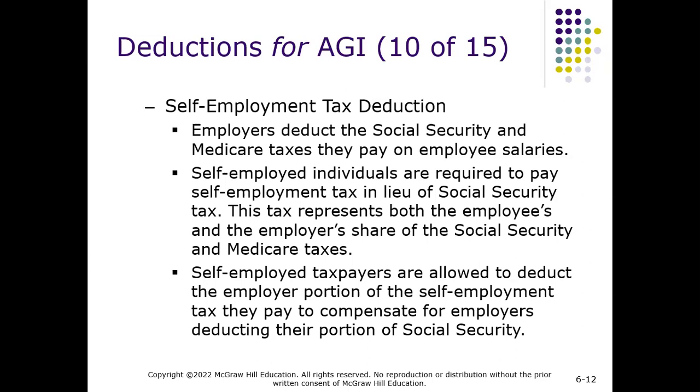Self-employment tax deduction is another deduction for AGI. So you can see these are both related to being self-employed. Because employers are allowed to deduct Social Security and Medicare they pay on employee salaries, it's only fair that the self-employed individual who has to pay self-employment tax, which is twice the Social Security and twice the Medicare rates on their profits, they get to deduct half of their self-employment taxes as a deduction for adjusted gross income.